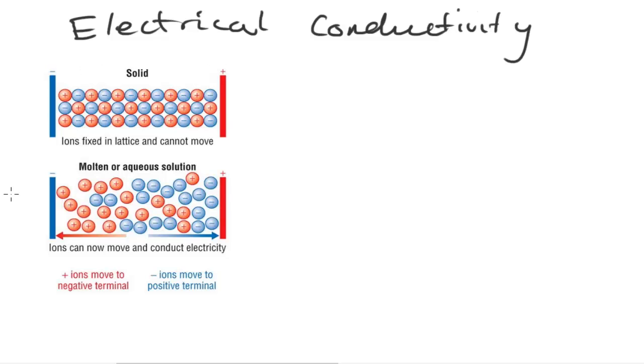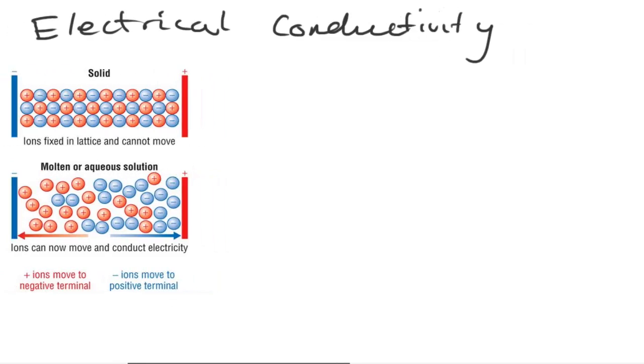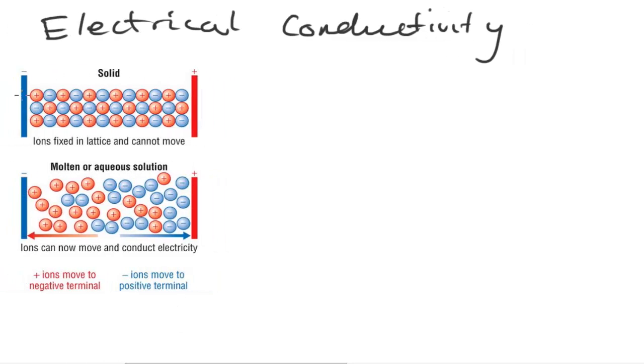And what I have here is a diagram which basically represents what happens when ions are in a solid ionic lattice, and what happens when ions have either melted or dissolved. Now, ions in their solid form are in an organized, regular structure, and the ionic bonds keep them from moving.